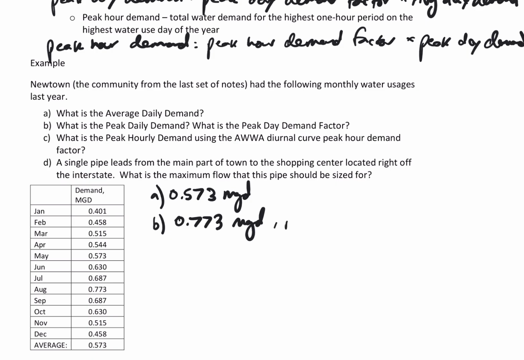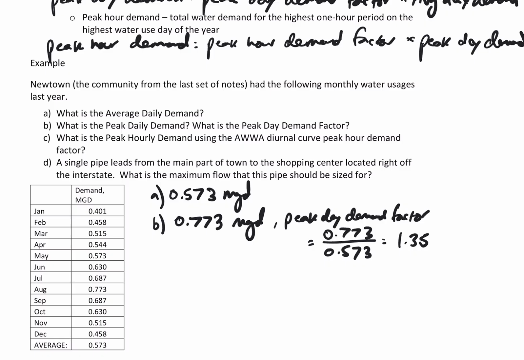Well, the peak day demand factor is going to be equal to the 0.773 divided by the average daily demand, 0.573, and we get 1.35.